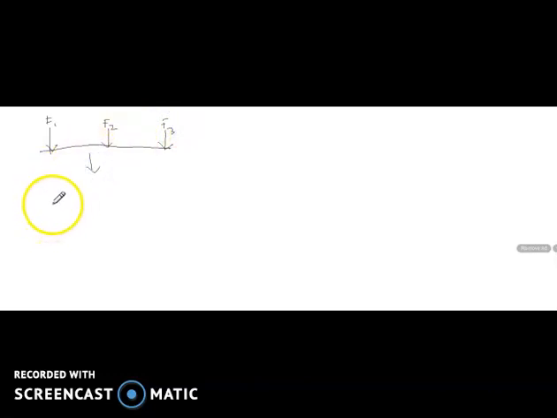We change the system into one equivalent force, Fr, where Fr is equal to F1 plus F2 plus F3. This is where the forces are in the form of points. So this is one point, this is the second point, and this is the third point.